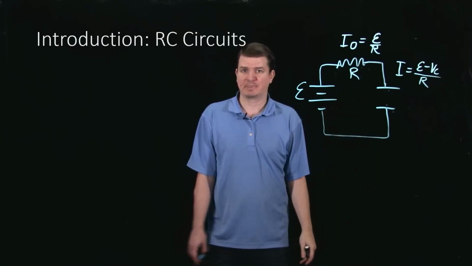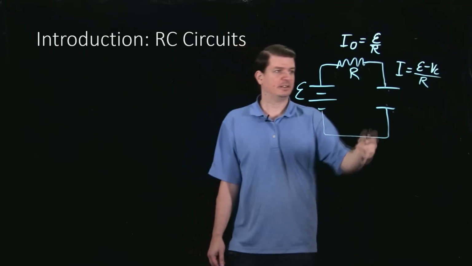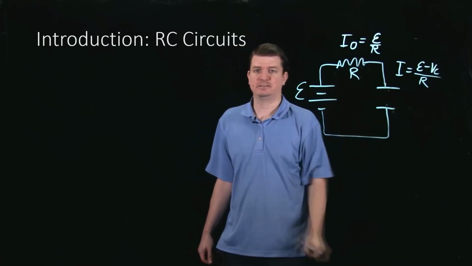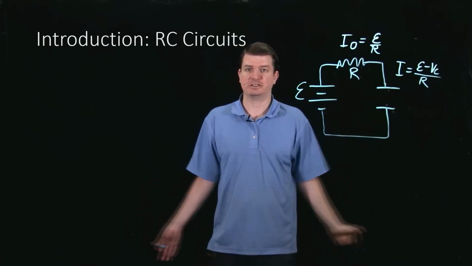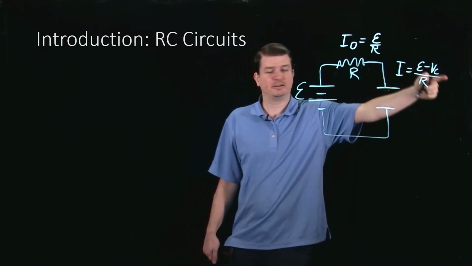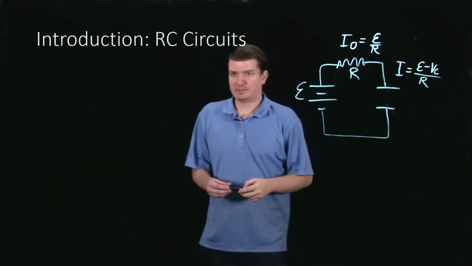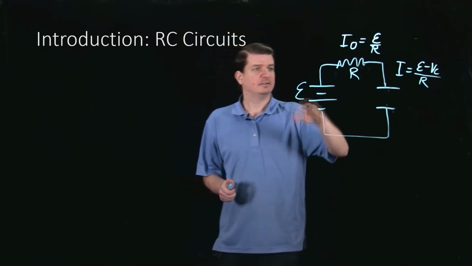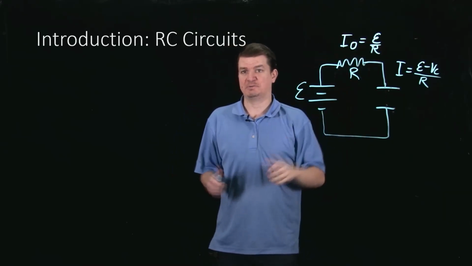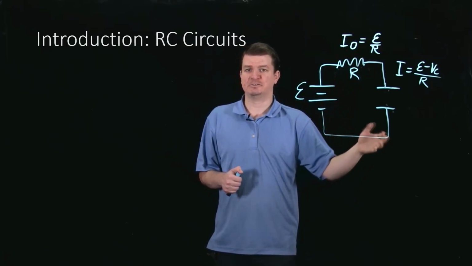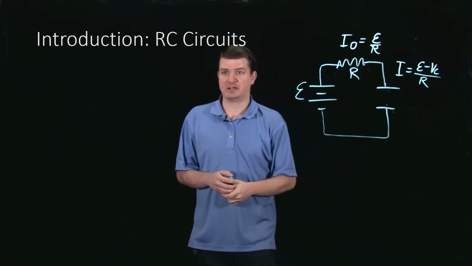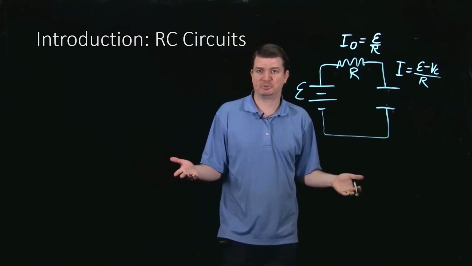And eventually this thing will be charged to the same potential and it will shut the circuit down. At that point, the current will go to zero. So this is the idea of an RC circuit: if I initially connect it, I have the maximum current, and that is going to decay away until the capacitor is fully charged. And once it's fully charged, there'll be no more current.